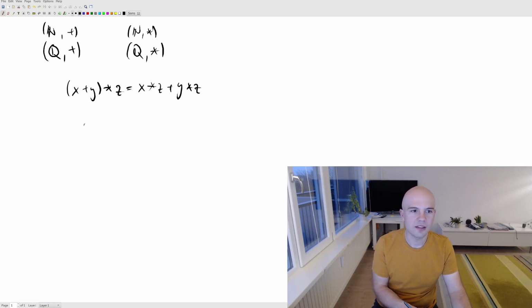And another interesting axiom is that x times 0 should be 0, which also combines stuff from the plus. So the property of the plus, namely the 0, which is the neutral element for plus, as well as the multiplication, which comes from the other structure.